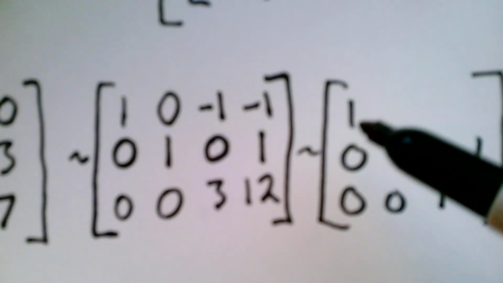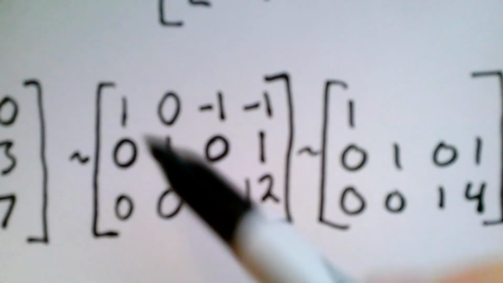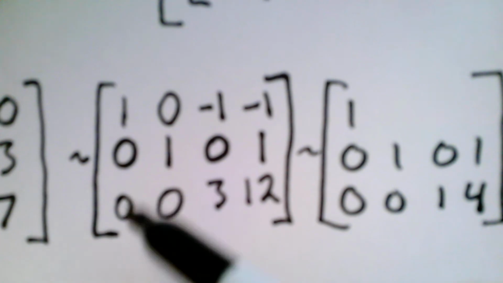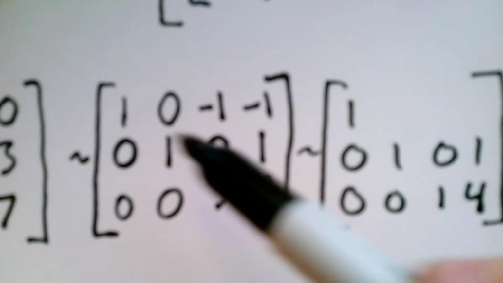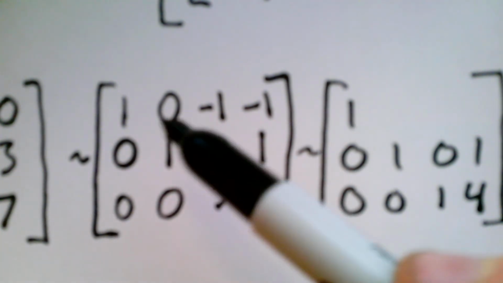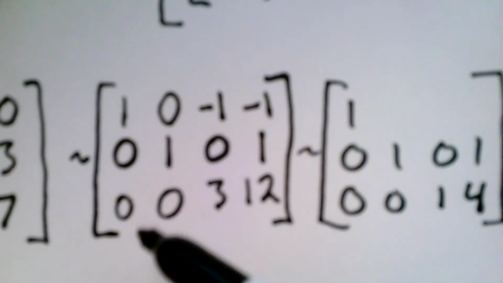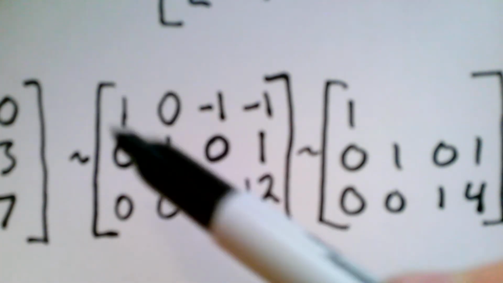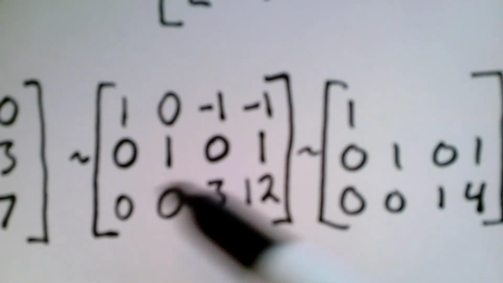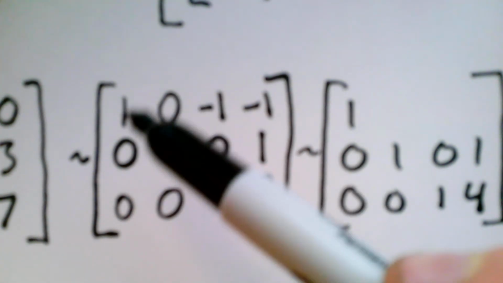I got a little ahead of myself, but one thing that will happen as you're row reducing is that since you have zeros under the diagonal, you can no longer take rows and add them to the first row and change the first entry. Because there are zeros all the way down underneath this first entry in the diagonal, there's no way I can add these rows to rows above them and mess up that 1 being there.